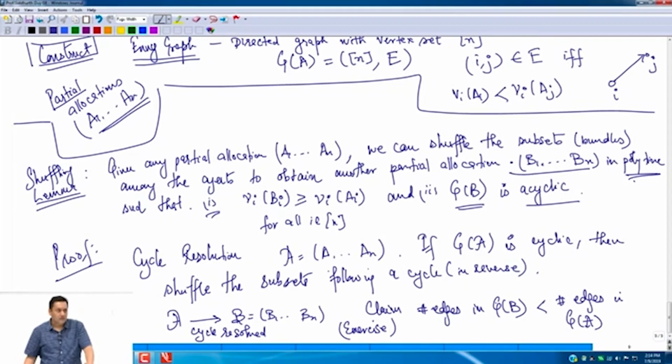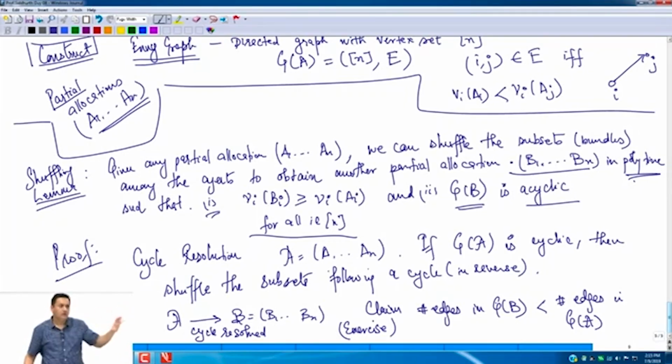You have reached a place where the lemma holds true, and the first property is again sort of an induction. It's a property that continues to hold. Every time you do the cycle resolution, no agent's value goes down, right? So stitching these observations, what you have is a proof of this lemma. So we had an idea.